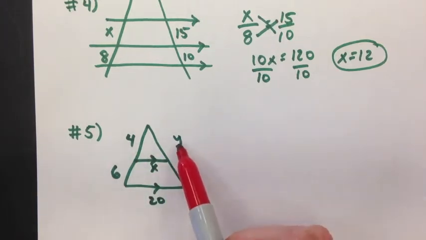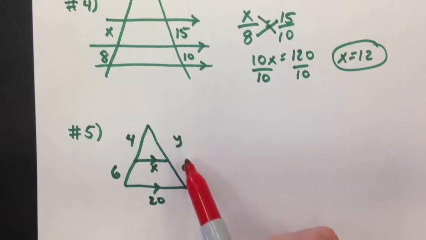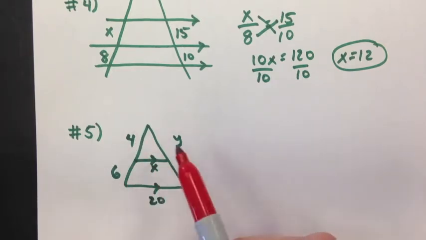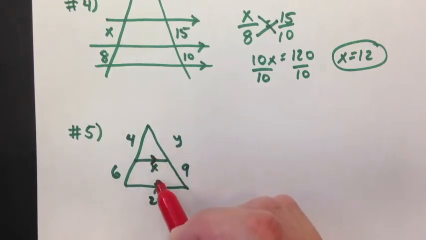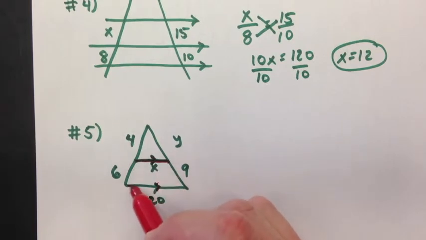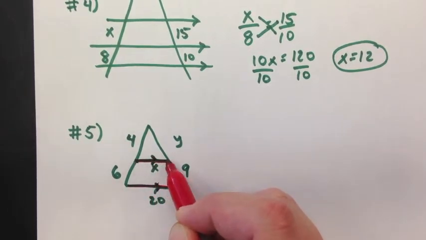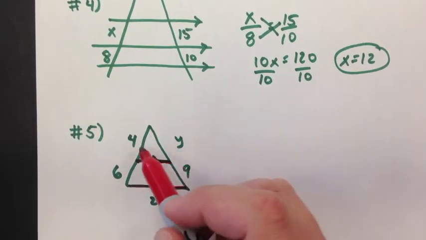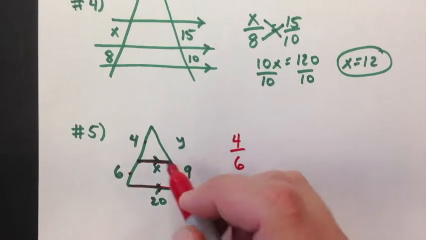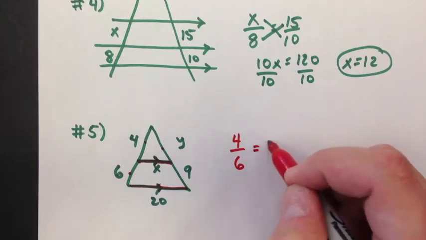When we found the y, we had to do quite a bit. We had to do y plus 9 for the whole thing, and we had to do 4 over 10. But now, notice that you have parallel lines. When the lines are parallel, notice that when this segment x here hits the big triangle, it breaks this into parts. The parts are 4 and 6, and the other parts are y and 9.